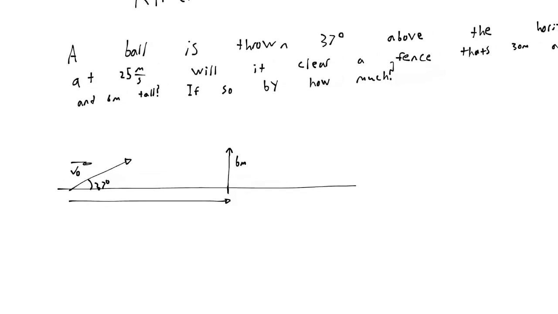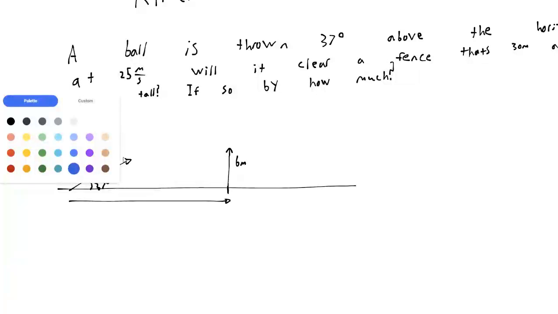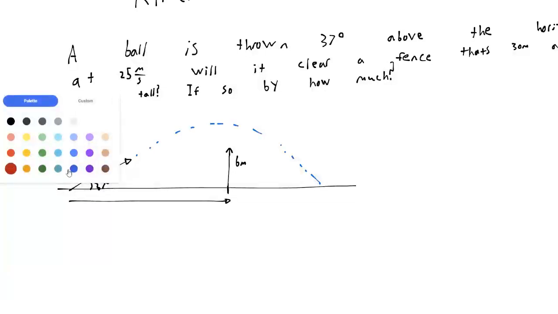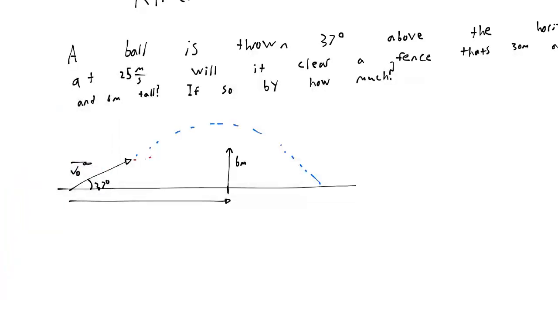And now there's two possibilities, right? I'll draw in blue possibility 1, where it comes up like this and then goes down like that. Or there's possibility 2, where it's going to go something like this, and it won't clear the fence.